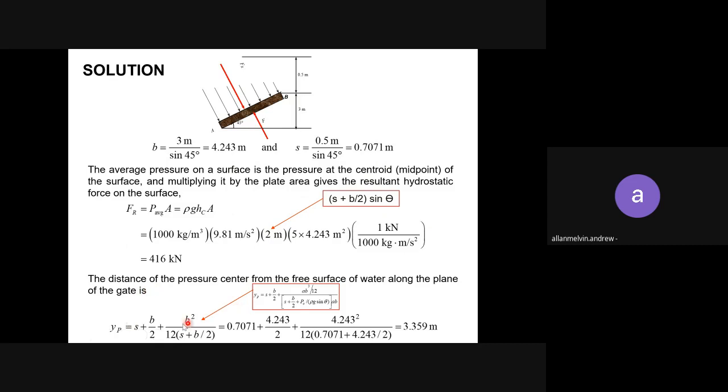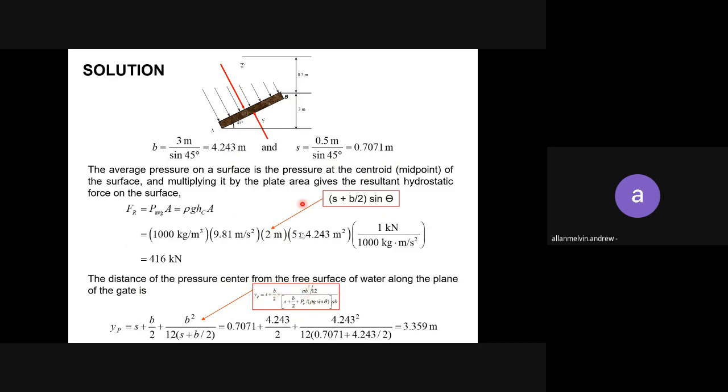So this is taken for this because it involves a sin theta because of the angle. Okay, so you take from this formula. So YP equals S, here is 0.7071. So B is 4.243 divided by 2 plus, this is the submerged body.